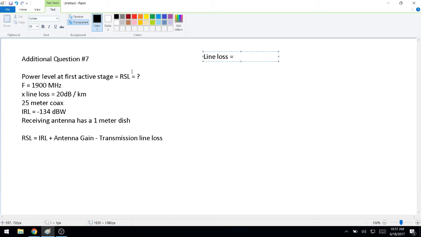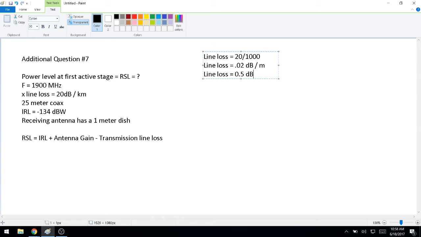And so again, we have 20 dBs per kilometer, so we basically have 20 dBs per 1,000 meters, and that tells us that we have a line loss that means that for every meter, we lose 0.02 dBs per meter. And we have 25 meters, so line loss equals 0.5 dBs.